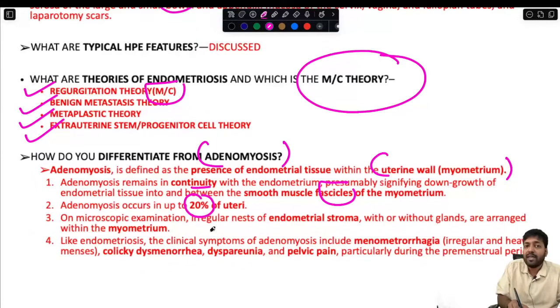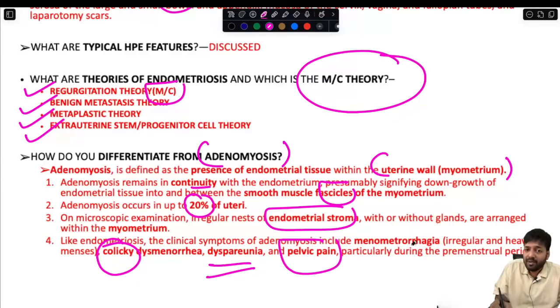On microscopic examination, you can see irregular nests of endometrial stroma with or without glands arranged within the myometrium. So the endometrial stroma is very important. Like endometriosis, the clinical symptoms of adenomyosis include menometrorrhagia, that is irregular and heavy menses, colicky dysmenorrhea, dyspareunia, and pelvic pain, particularly during the premenstrual period.